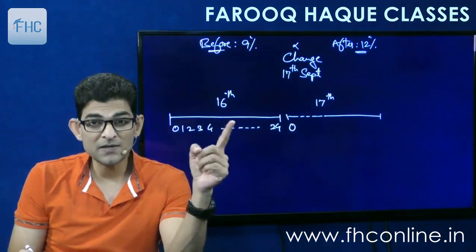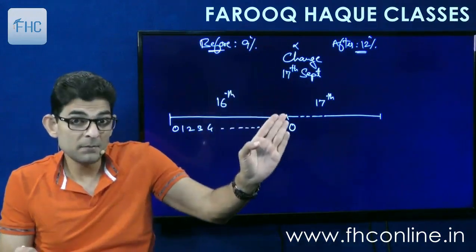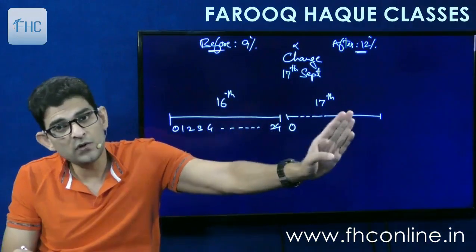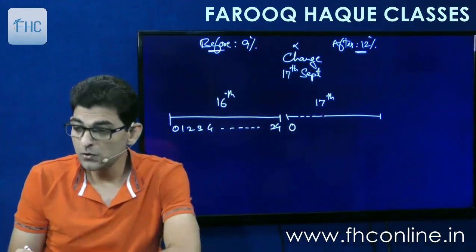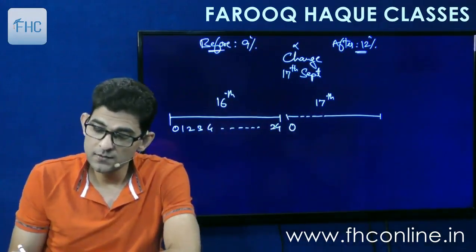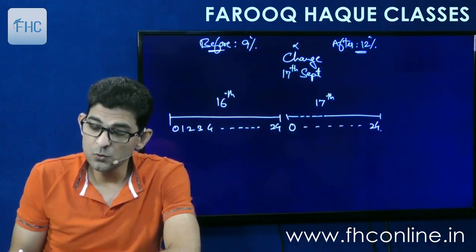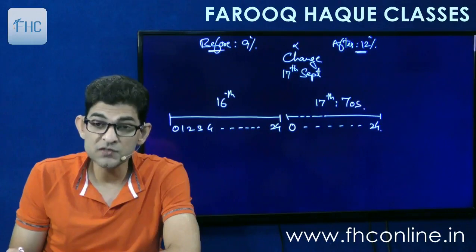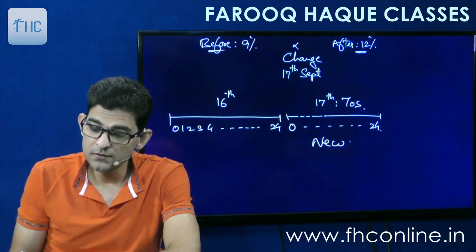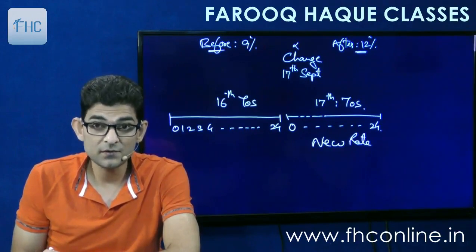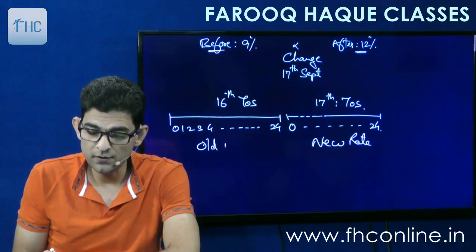So if the time of supply comes on 17th, maybe midnight, that is 12 o'clock and 1 minute, to any time during the day, you will apply the new rate. Right from 0 to 24, anytime. If TOS is on 17th, you will apply the new rate. And if TOS is on 16th, you will apply the old rate.